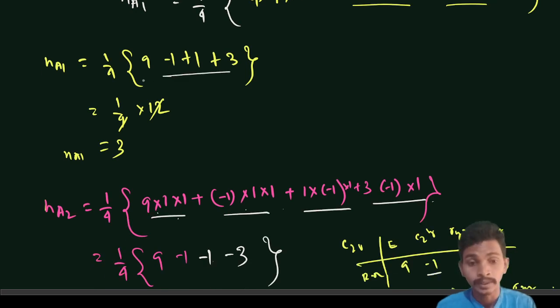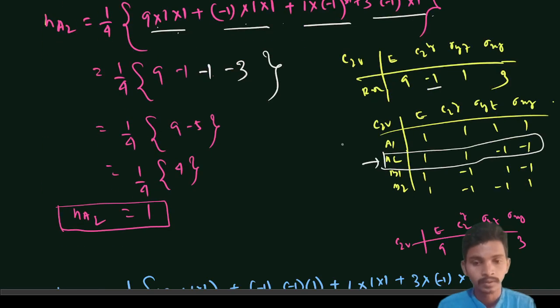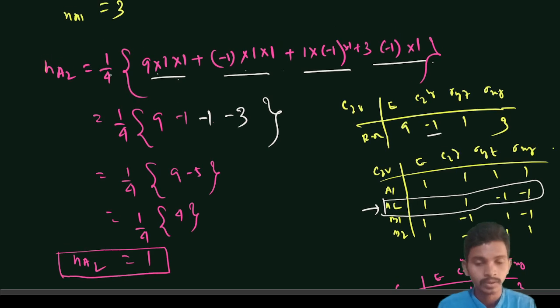And minus 1, 8, 8, 1, 9, 9, 3, 12, 3. This value is 1 by 4, 9, 1, 1, minus 1, 9, 9. This is minus 1, minus 1, this is minus 3.